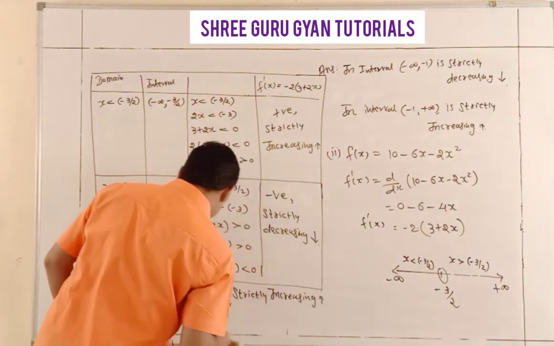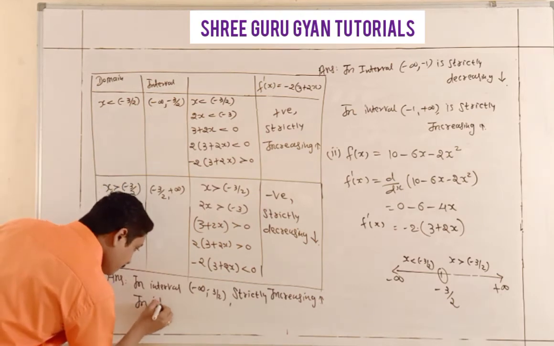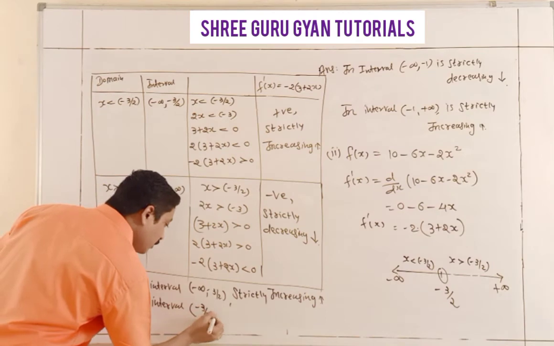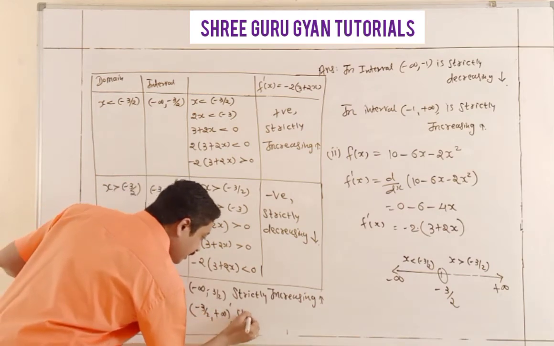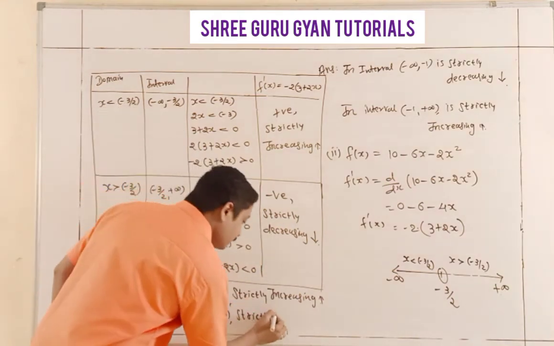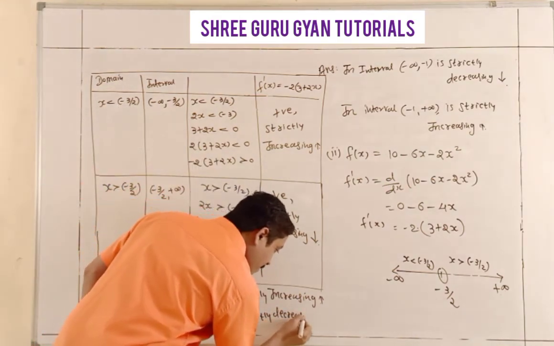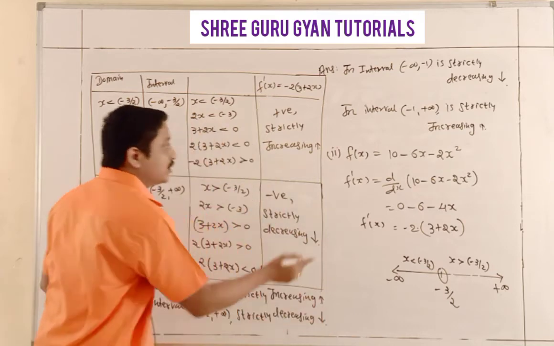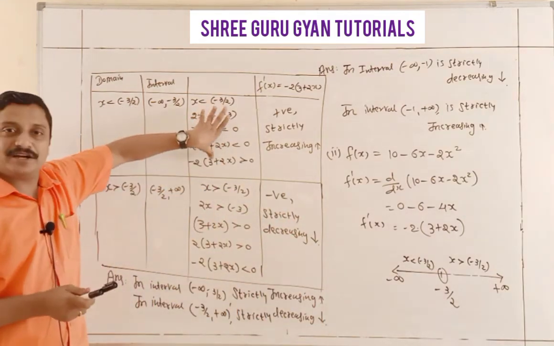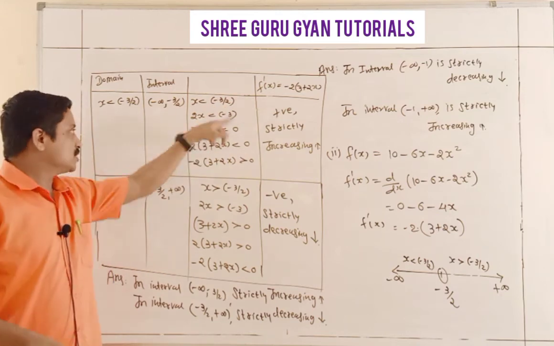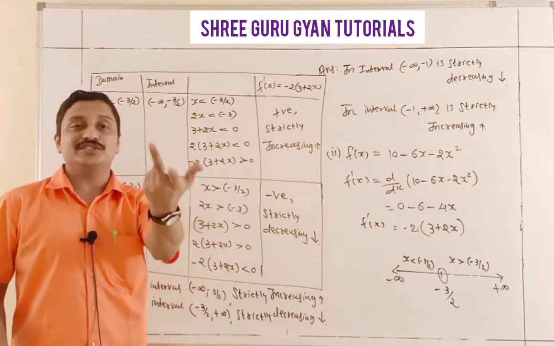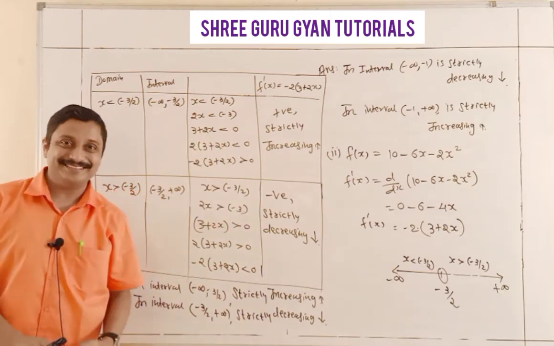The second interval, -3/2 to plus infinity, is strictly decreasing. And here, students, our second question is also done. Sometimes in the exam you don't write the conditions, don't worry, plus or minus 1 is right, but here I explain deeply how to convert to positivity and negativity.